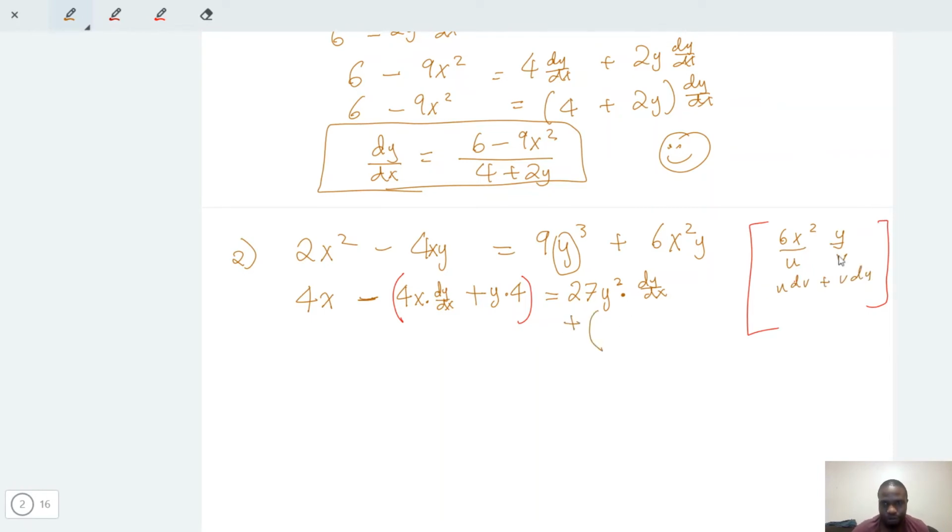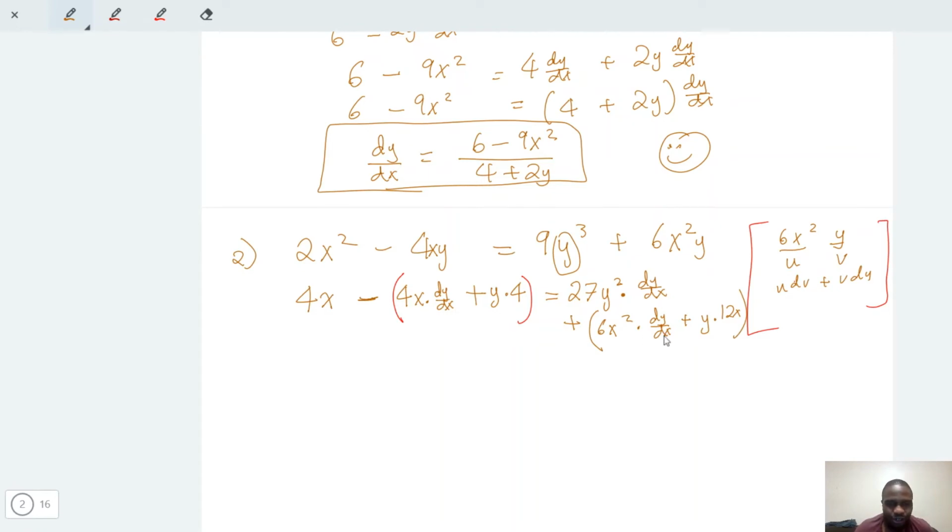Plus, open parenthesis: u dv is 6x squared, my u function, times the derivative of y, which is dy/dx, plus y times du, which is 12x. When I differentiate 6x squared, I get 12x. I hope that makes sense.